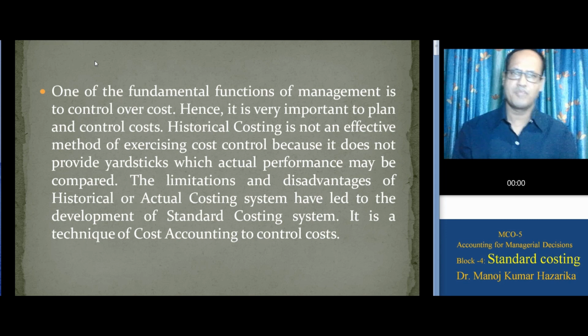Historical costing is not an effective mode of exercising cost control because it does not provide a yardstick with which actual performance may be compared. The limitations and disadvantages of the historical or actual costing system have led to the development of the standard costing system. It is a technique of cost accounting to control the cost.